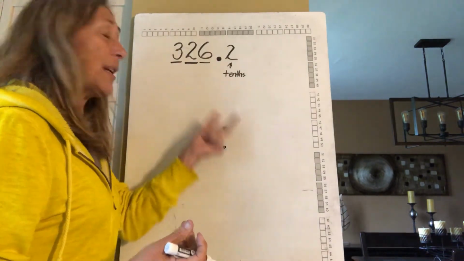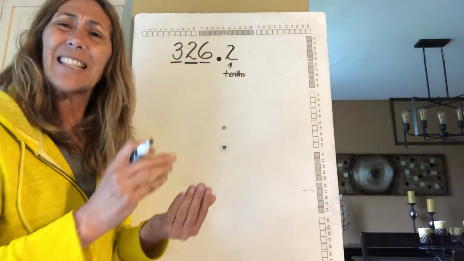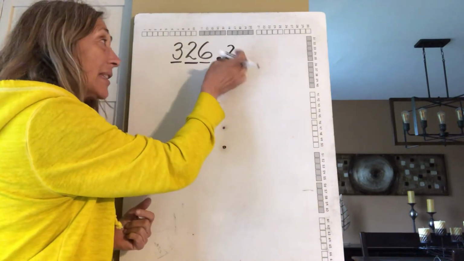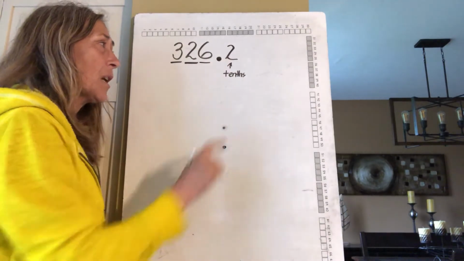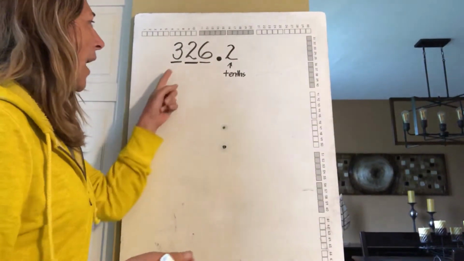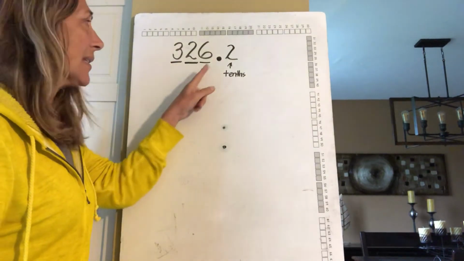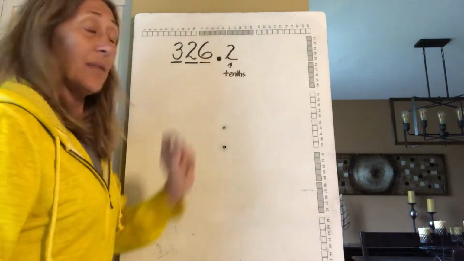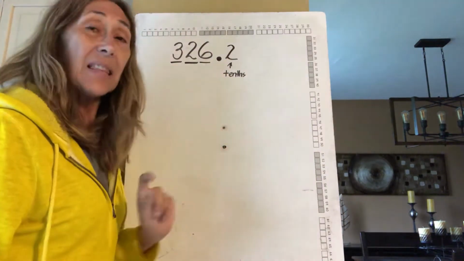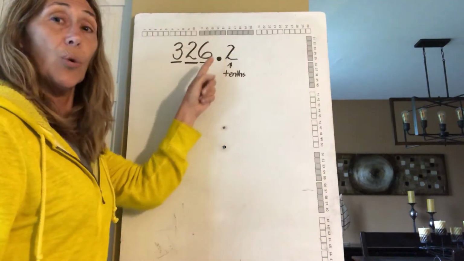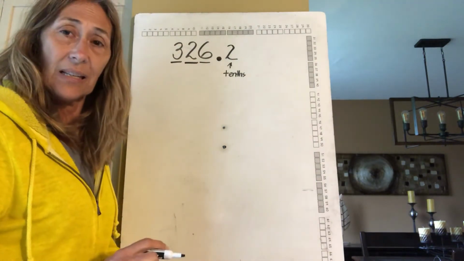Similar to 10, but tenths. It takes 10 of those in this place to get to 1. So if I were to say that number, I would say 326. The decimal point says "and." That's a 2. It's in the tenths place. So it's 326 and 2 tenths.